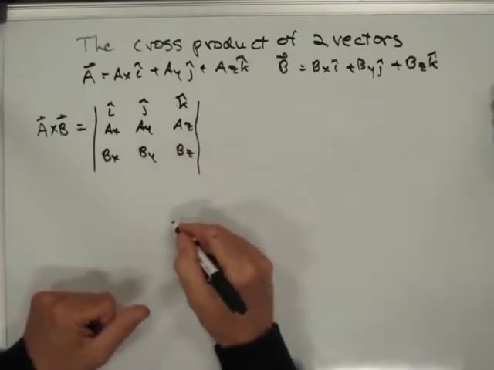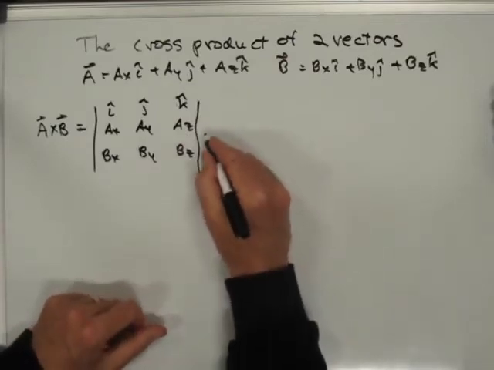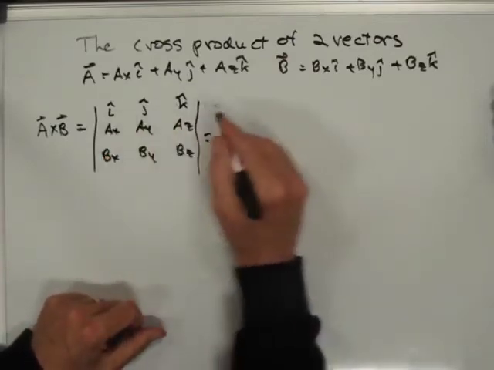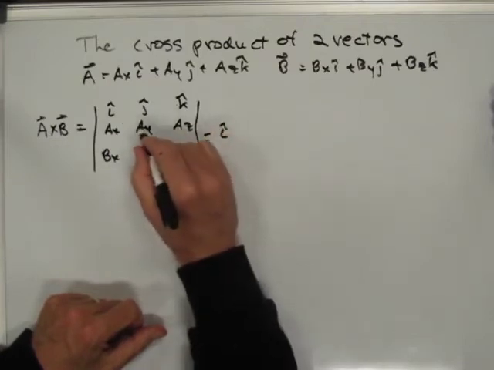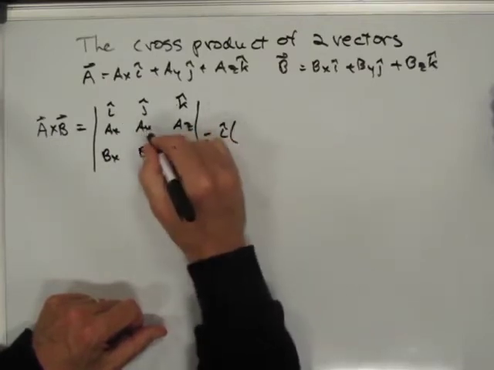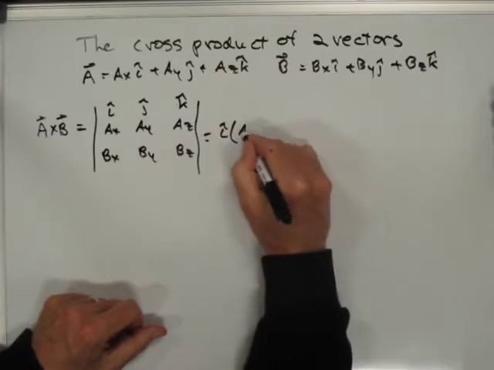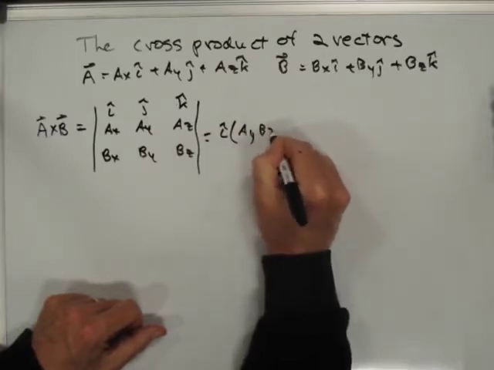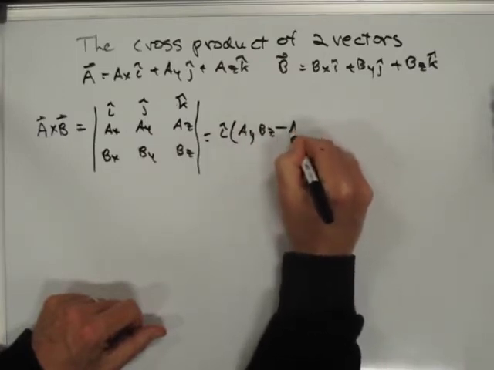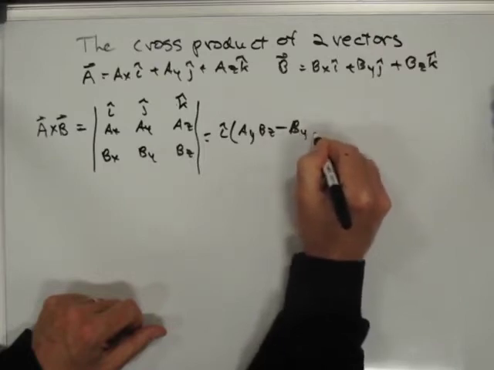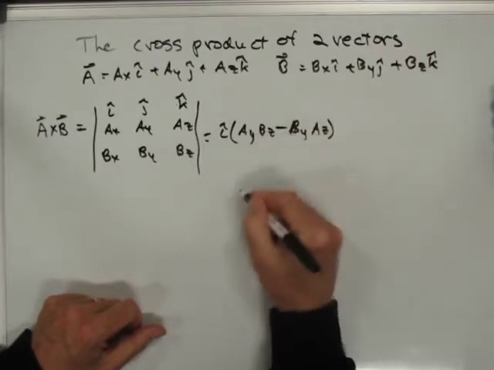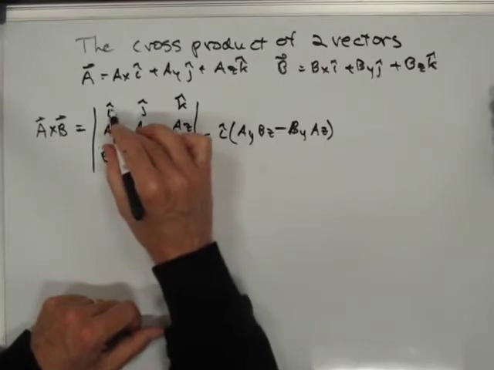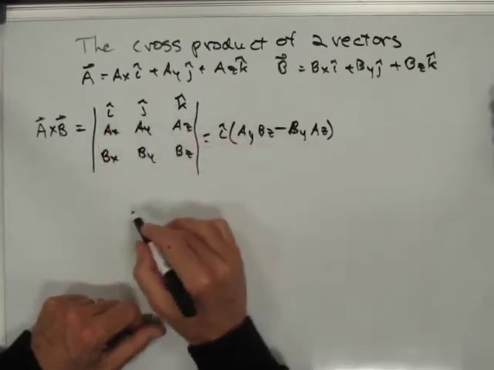The way to take a determinant is you take the first guy and you multiply him by that times that minus that times that. So ay bz minus by az. So it's that guy times that minus that times that.